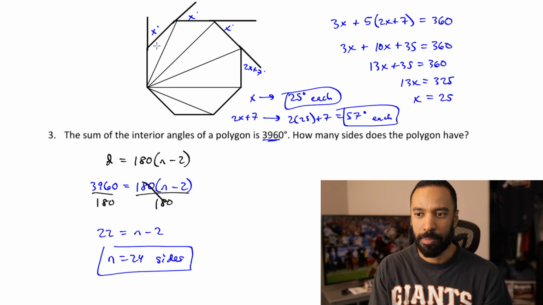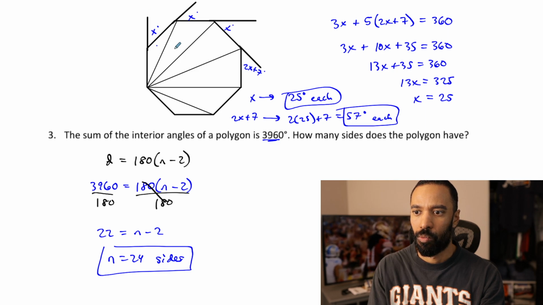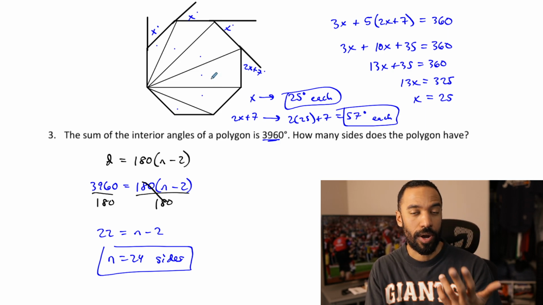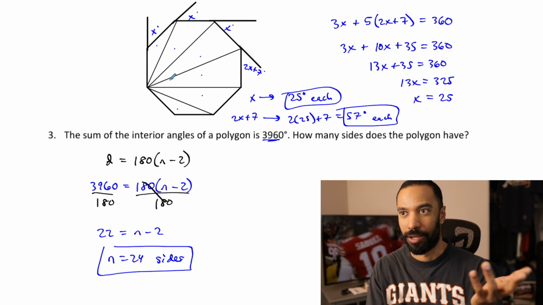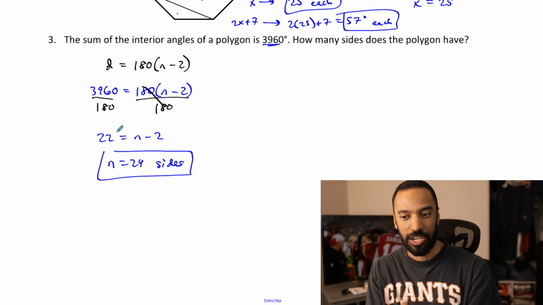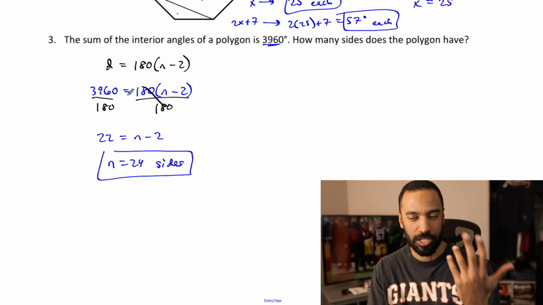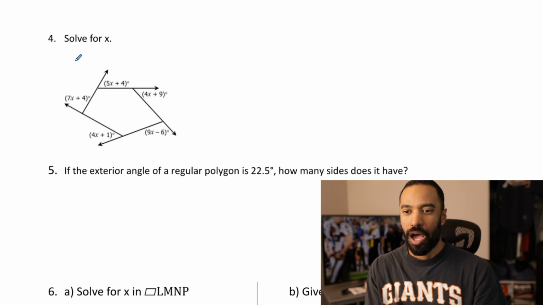An 8-sided shape has 1, 2, 3, 4, 5, 6 triangles. There are always 2 fewer triangles than there are sides. Remember, a 4-sided shape had 2 triangles, an 8-sided shape has 6 triangles, and a 24-sided shape has 22 triangles. So it's always made up of that. The 180 is the triangle interior angle sum. That's why the formula is what it is. All right, let's move forward.